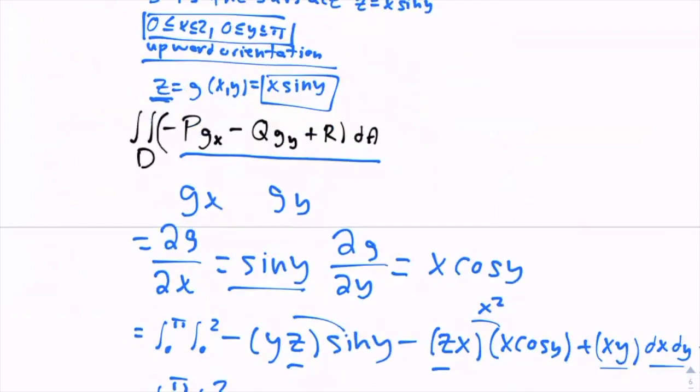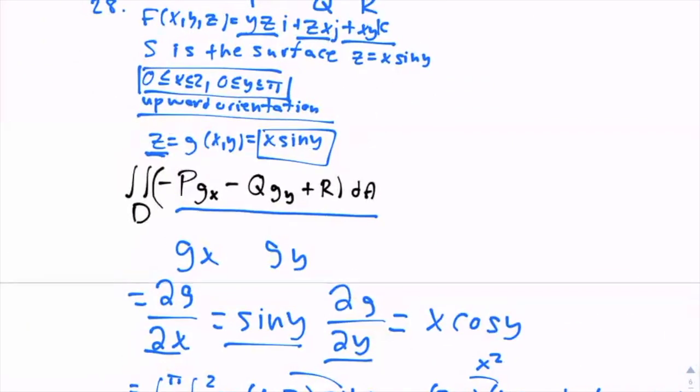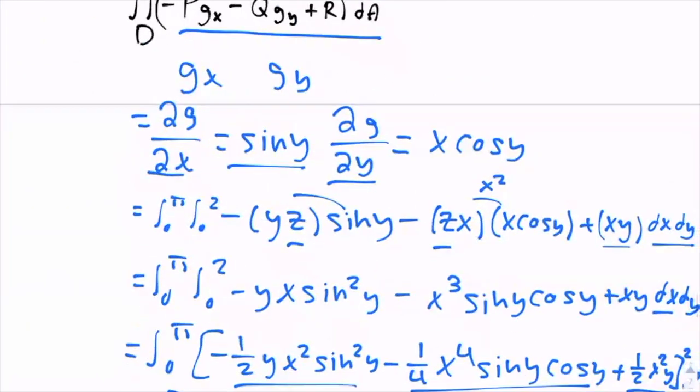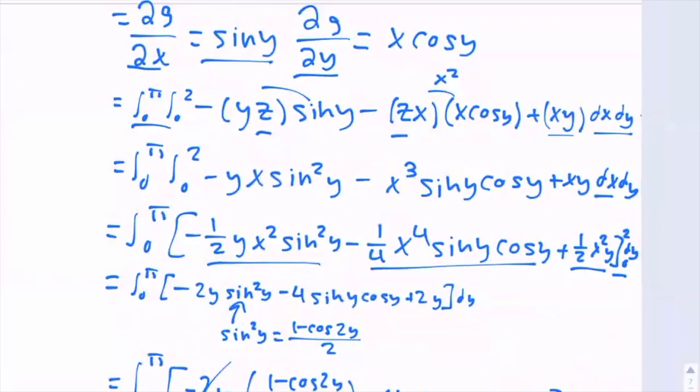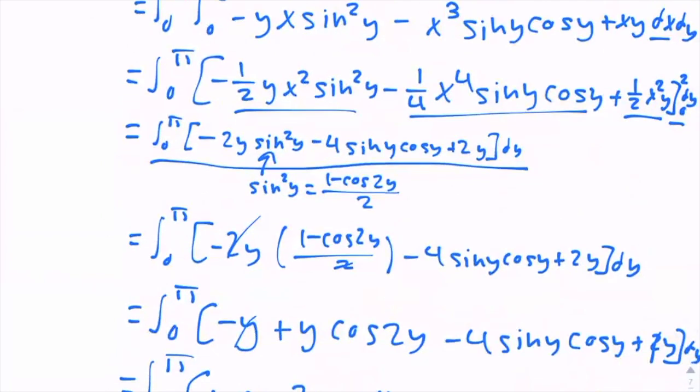And based on that, we could simply find the partial of g with respect to x and partial of g with respect to y, plug those in. We were already given the limits, which is quite nice. And because of that, we could simplify, and when we simplified, we got this. Now looking at our substitutions, we see that we used some trig functions in order to get our values.